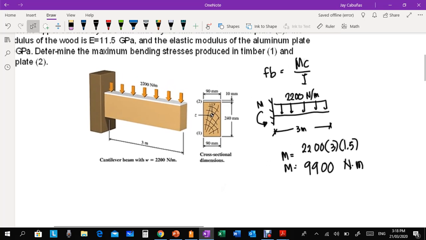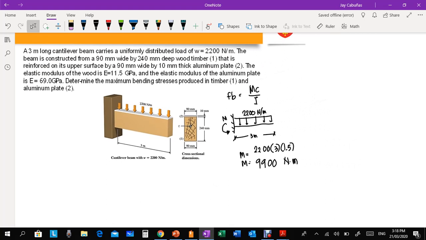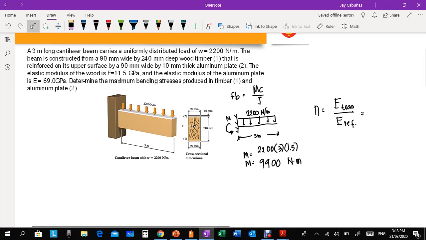So, mapangitaon sa nato ilang modular ratio. We have N is equal to the E na gusto nimo i-transform over E gusto nimo na i-retain, or that is your reference. So, ang transform nato si steel. What is the E of steel? The E of steel kay we have 69 GPa.